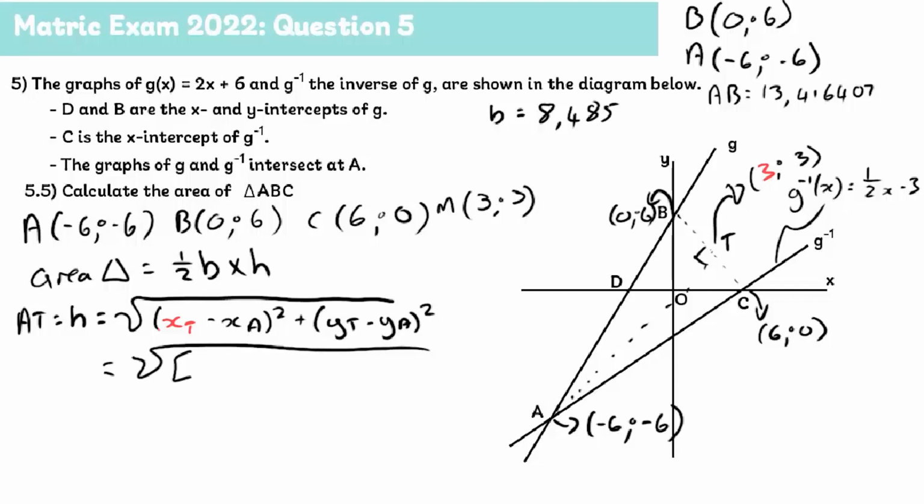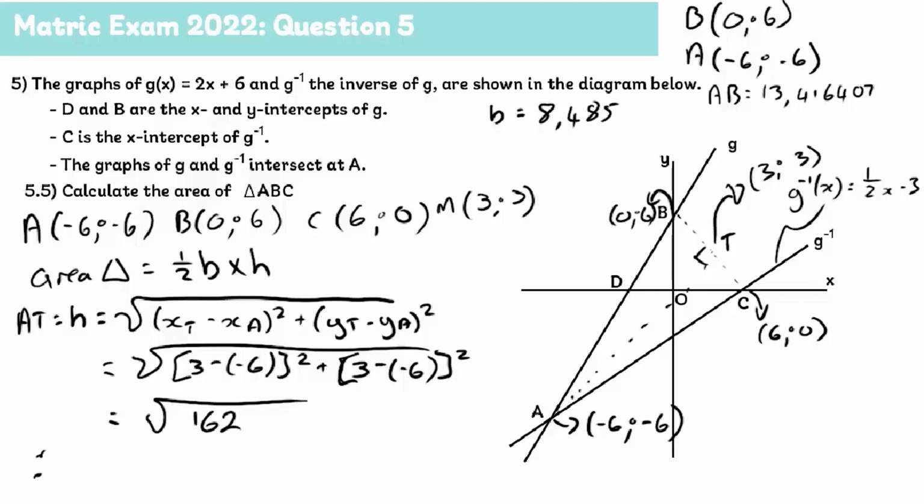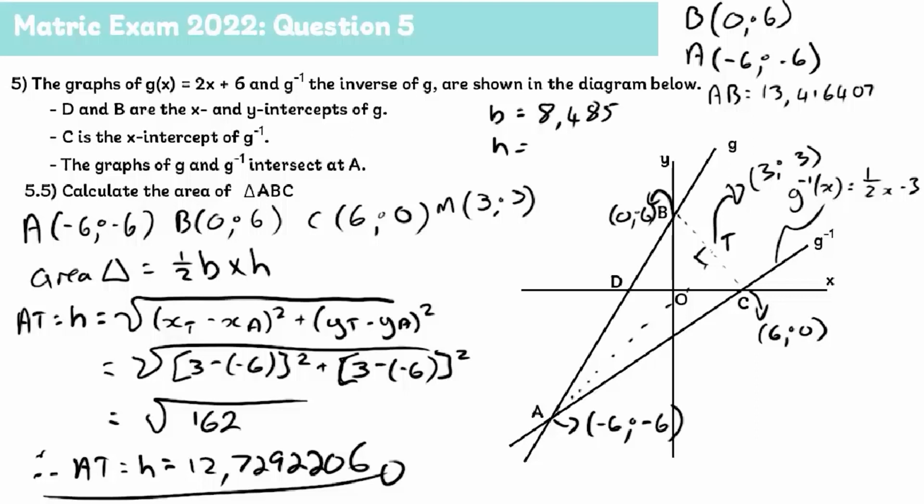That'll equal, we'll have 3, that's the value of xT, minus 6 squared, plus the yT is 3, the yA is minus 6 squared. If you work that out, it'll come to the square root of 162. Therefore, AT, which is the height, equals 12.7292206. So let's write the height out over here. It is 12.729.